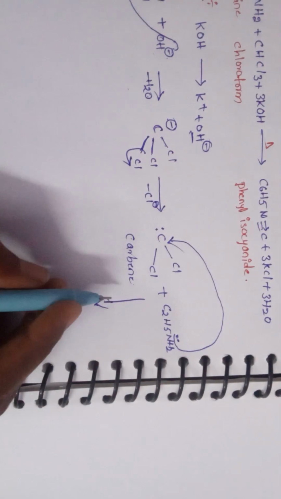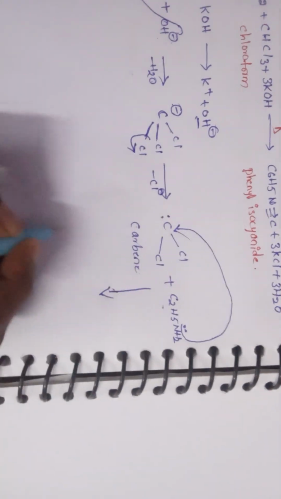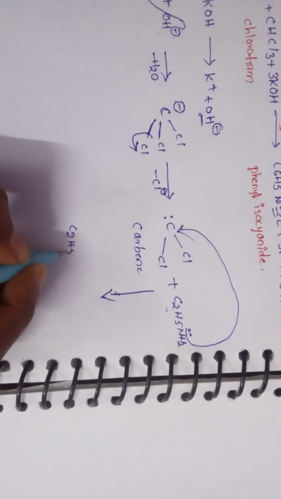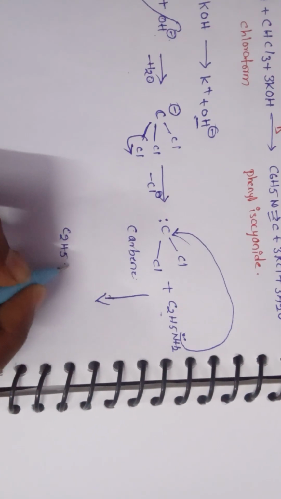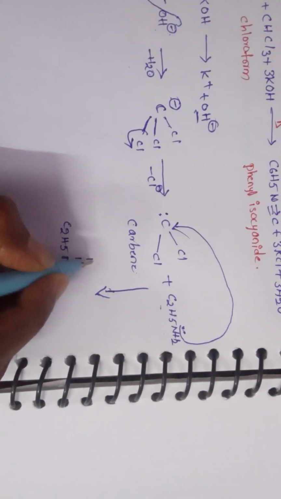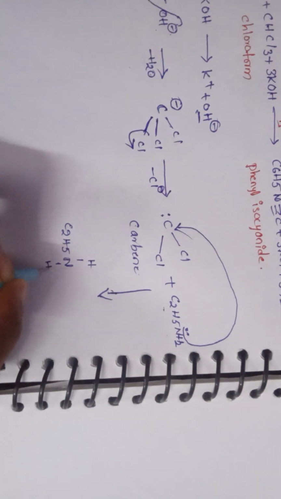Then the formation is: you have to write first C2H5, nitrogen. How many hydrogens on nitrogen? 1, 2. Two hydrogens are there.